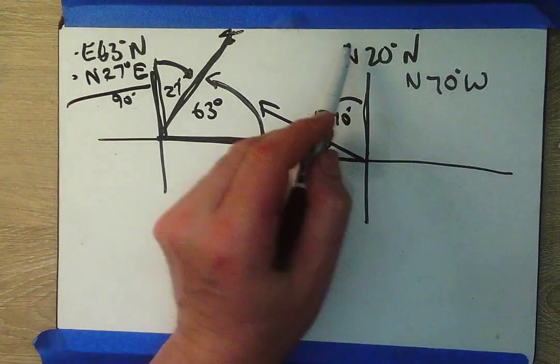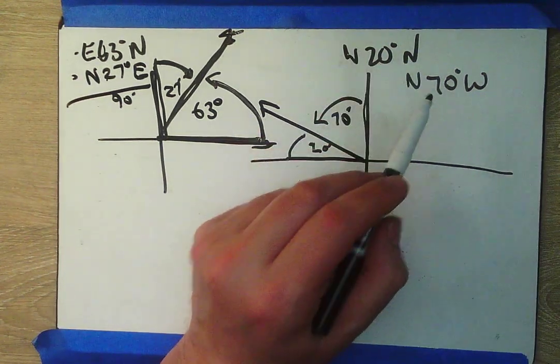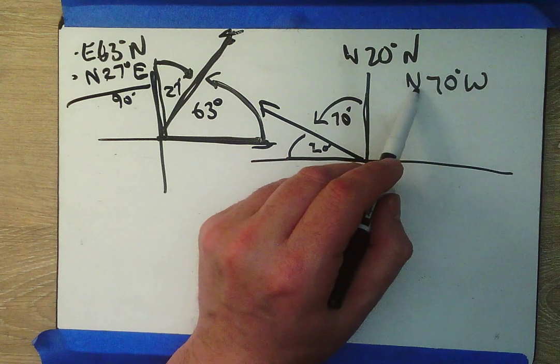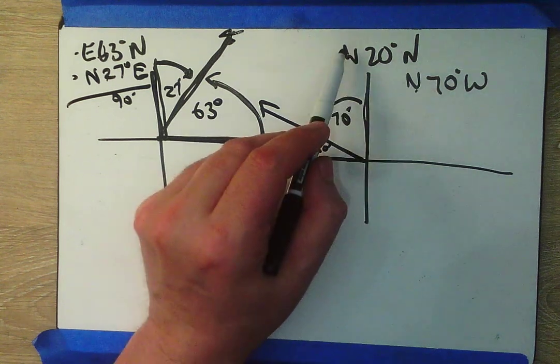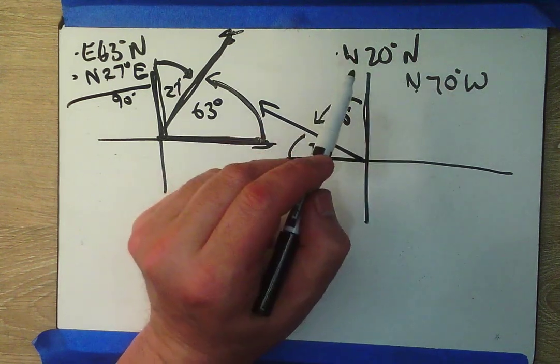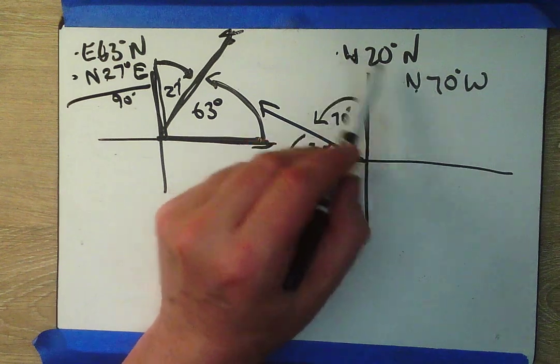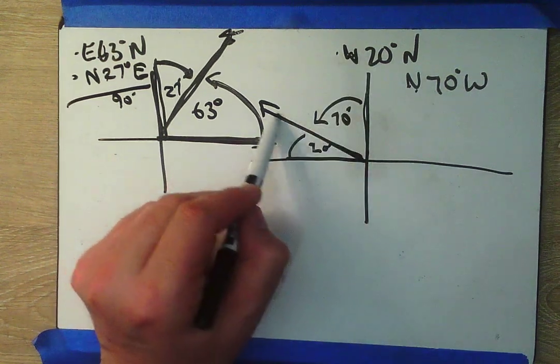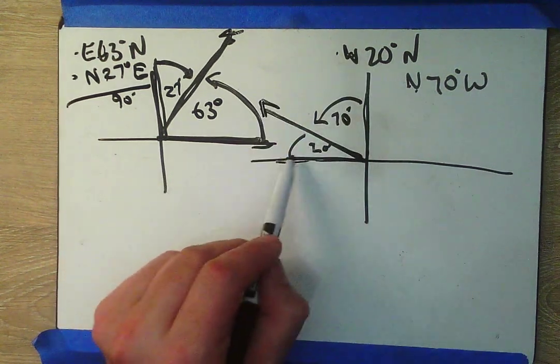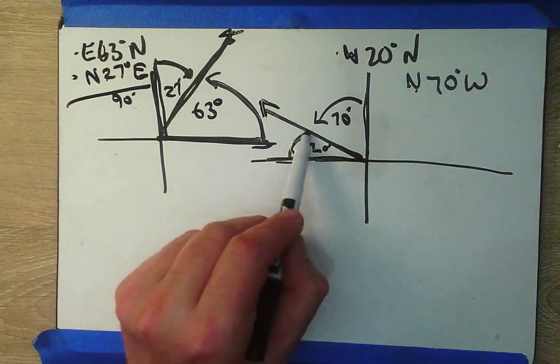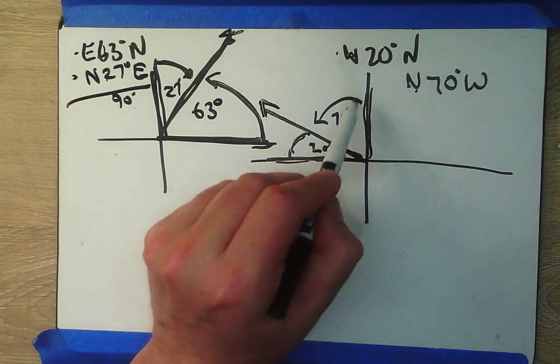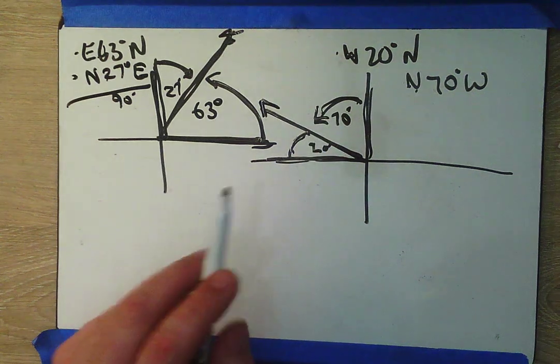You can use either one, I don't care, but if you're presented with this, you should be able to draw that, and if you're presented with this, you should be able to draw that, and you should know that these are equivalent vectors. I'm either heading west and 20 degrees north, or north and 70 degrees west.